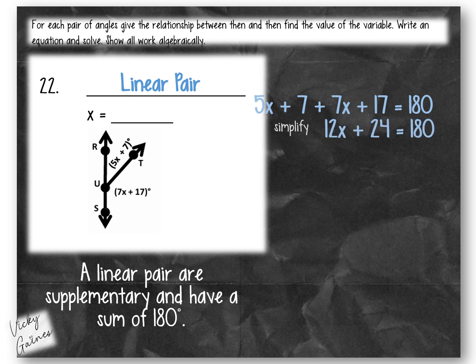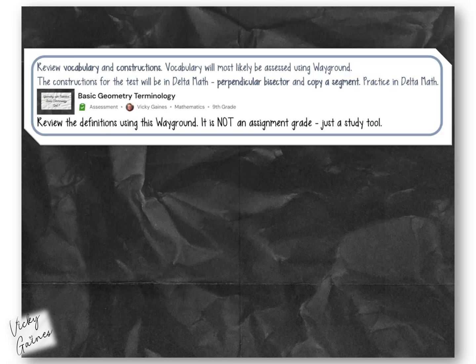So 12x plus 24 equals 180. Subtract the 24 on both sides of our equation. We get 12x equals 156. Divide both sides by 12. x is 13. And that is the end of our review.